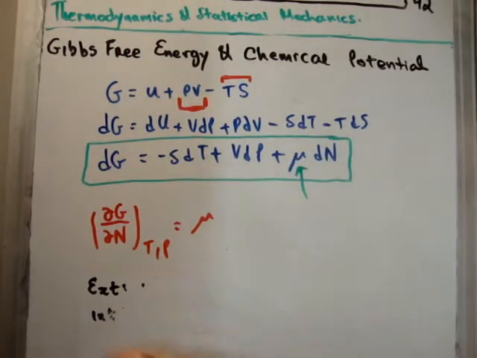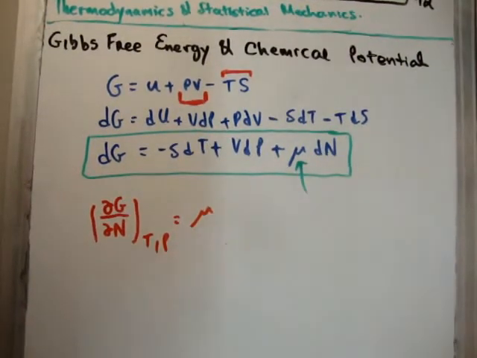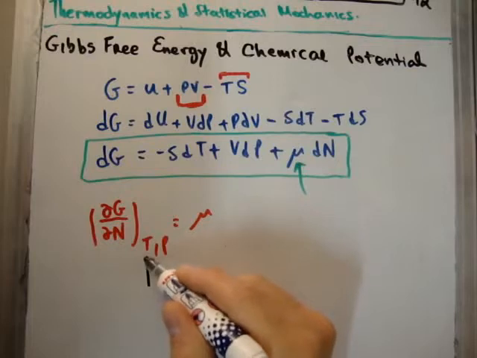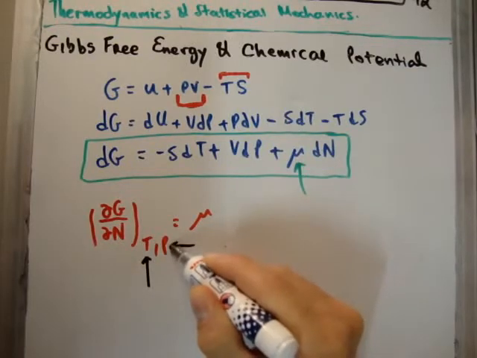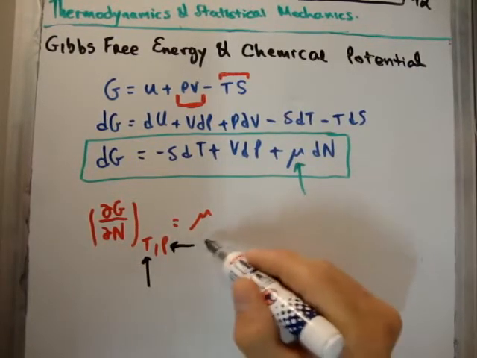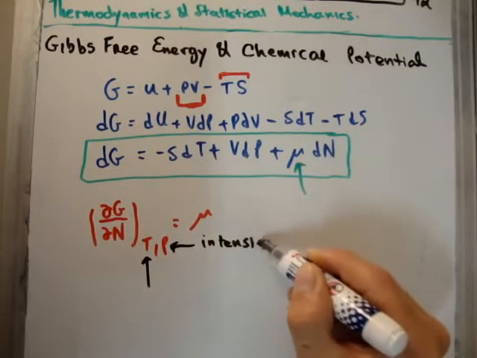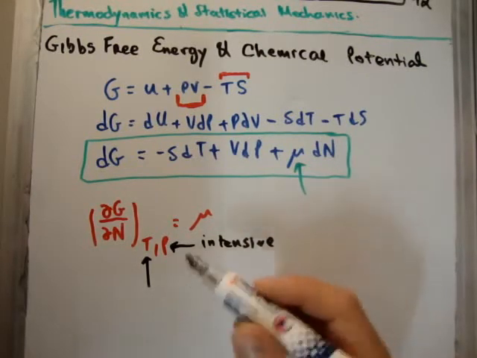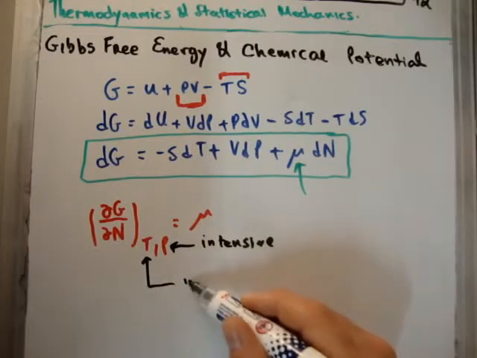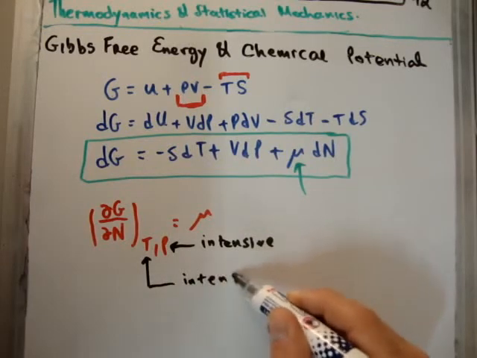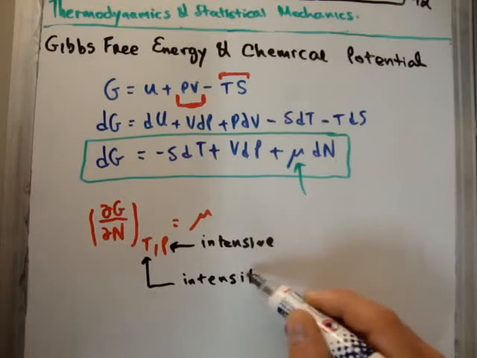But if we look here, we find that both the variables which we're holding fixed in this particular partial derivative are intensive. So both of these do not double when you double the number of particles. They're both intensive.